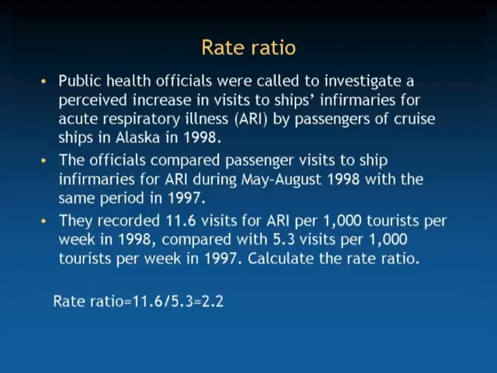The incidence rate in 1998 was 11.6 per 1000 tourists per week, whereas incidence in the earlier year was 5.3. It means the rate ratio was 2.2. So the rate for ARI was 2 times this year, and finally they found out that there was a case of influenza, and that's how the spread was there.